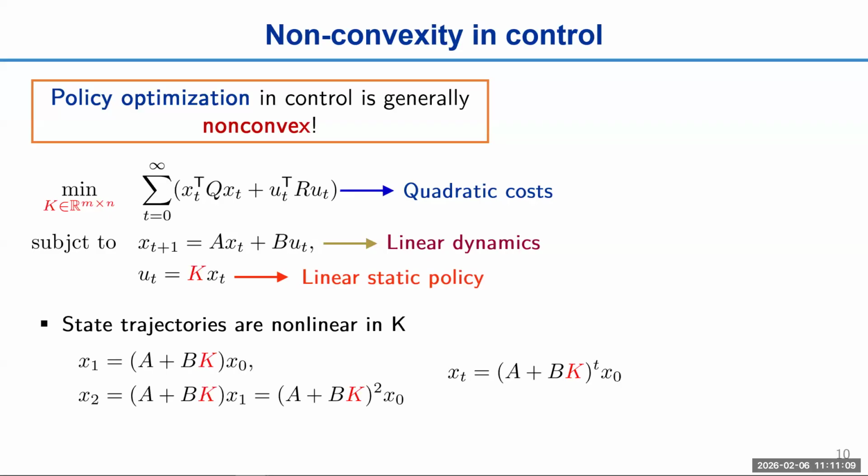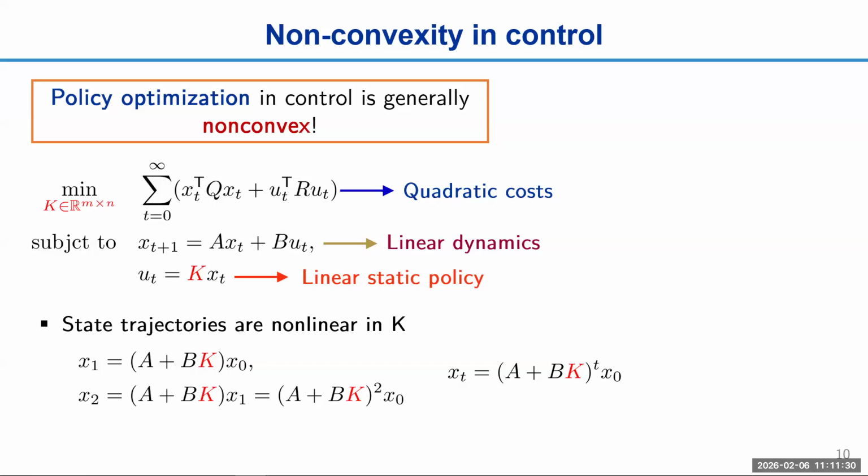And now from a very simple observation, if you do a very simple calculation, you plug this into your dynamics, you will see this recursive update. X1 will be (A plus BK) times X0, and X2, same thing, now becomes (A plus BK) squared times X0. And continuing, you see x_t at time t will be a power of (A plus BK) times your initial state.